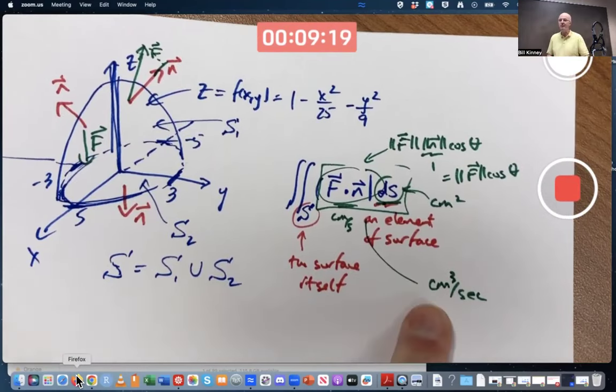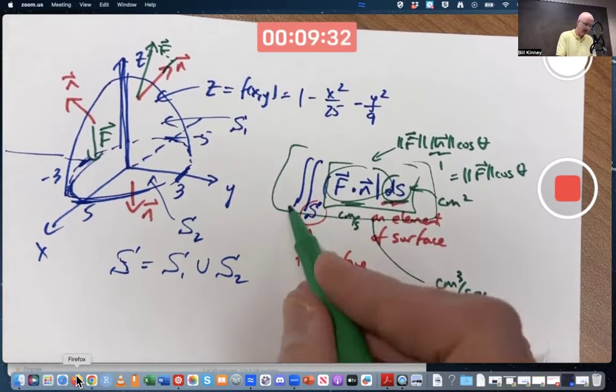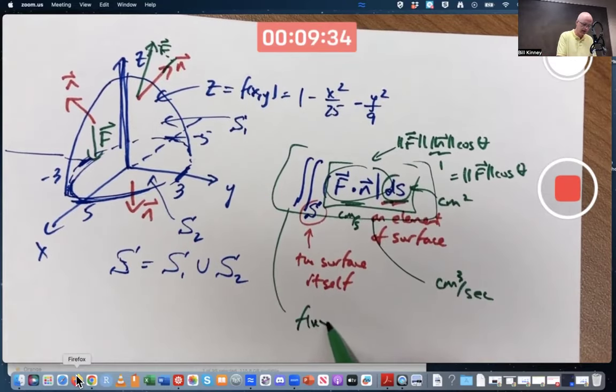And the integral itself is just like adding those up, so it doesn't change the units. The entire integral is the flux, and it's called a flux integral.